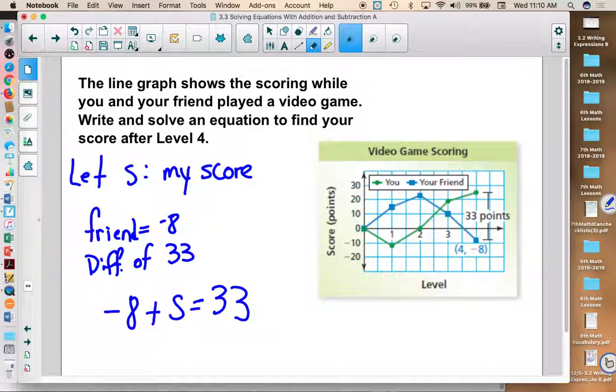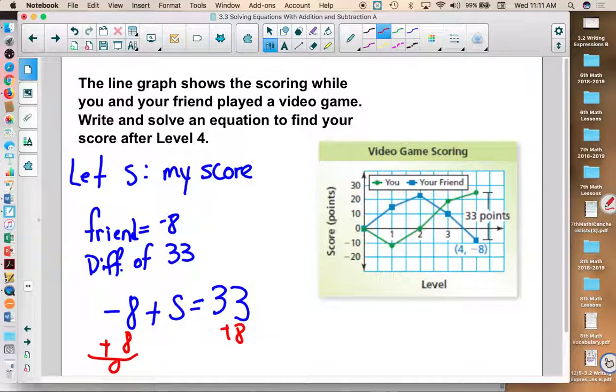Okay. What am I going to do, Kennedy? Okay, how'd you do it though? So 33 minus 8 equals 25. Don't I have to add an 8 to both sides? Okay, good. I agree with you there.